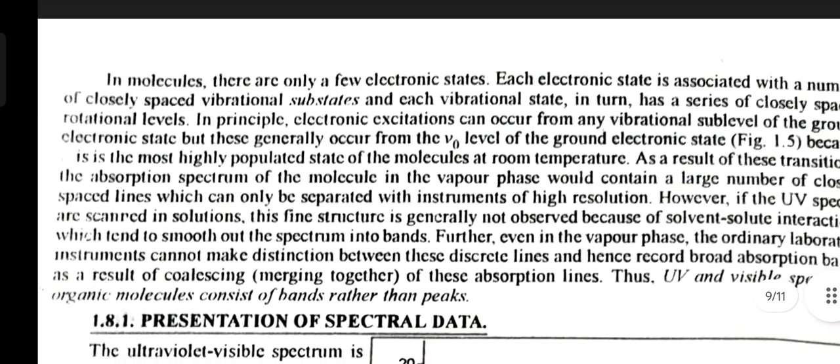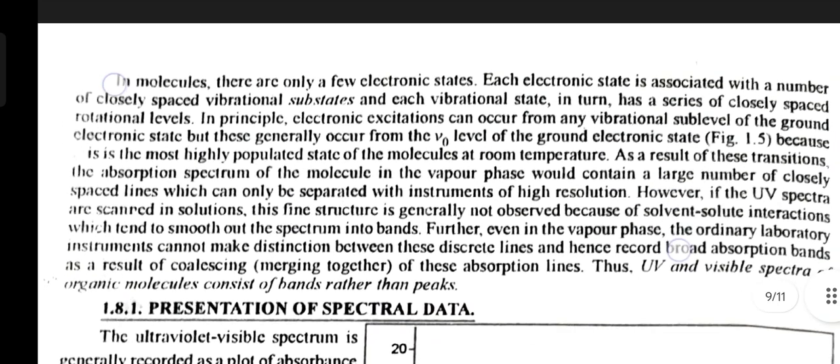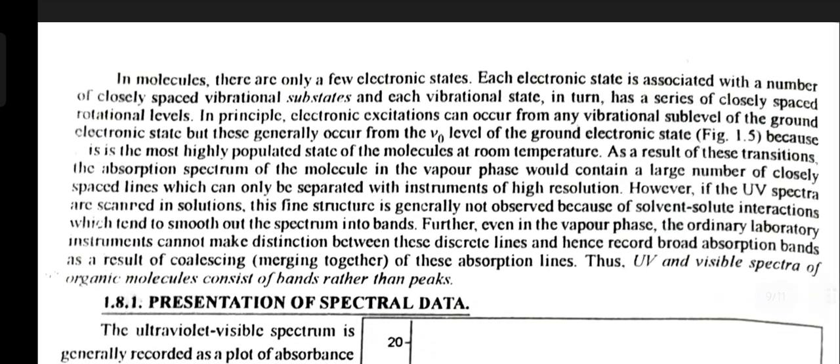In molecules, there are only a few electronic states. Each electronic state is associated with a number of closely spaced vibrational substates, and each vibrational state in turn has a series of closely spaced rotational levels.